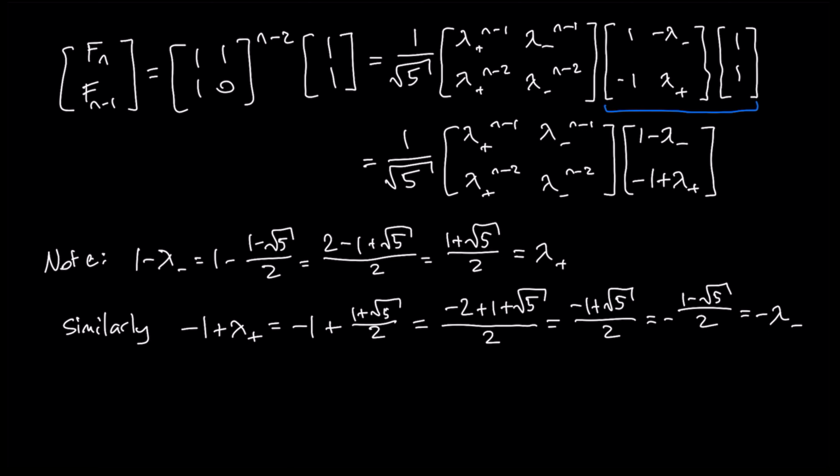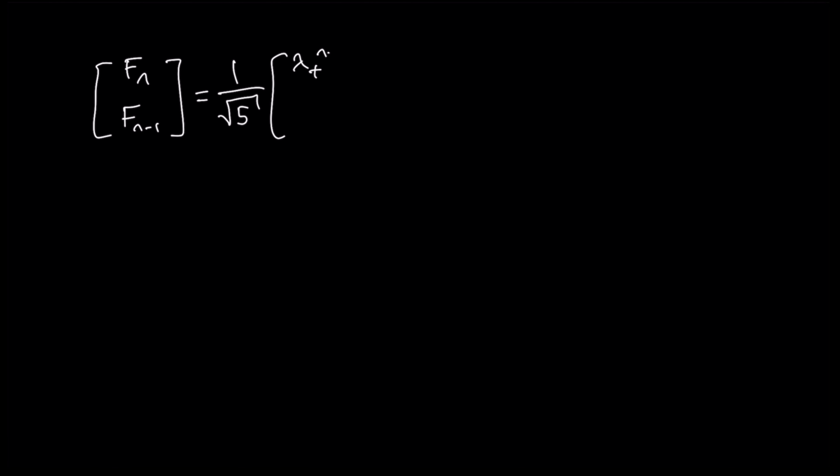All right, so we're almost through to the end. At this point, we have this column vector fn minus 1 is equal to 1 over square root 5 of lambda plus to the n minus 1, lambda plus to the n minus 2, lambda minus to the n minus 1, lambda minus to the n minus 2, times this column vector that we're going to simplify, which from before gives us lambda plus and minus lambda minus.